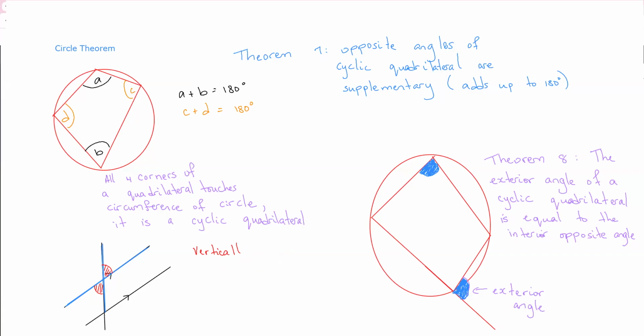All right, so let's take a look at another one with respect to this. So if we look at our parallel lines, you can see that in between your parallel lines, it forms like half of a quadrilateral, right?